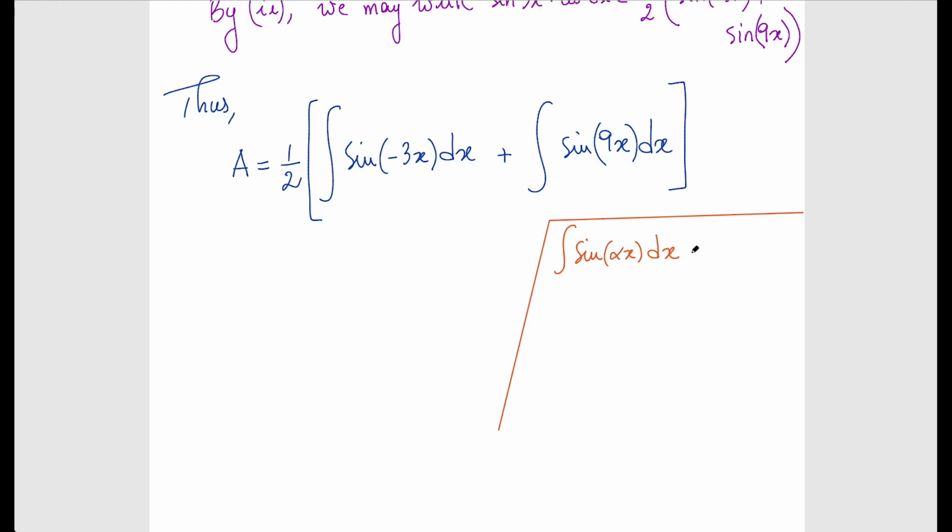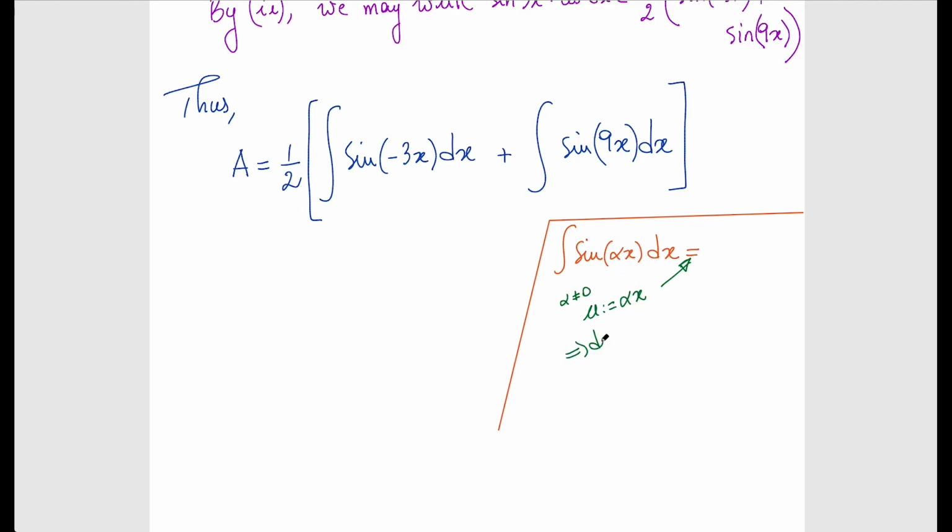Obviously we're gonna use u substitution. So we're gonna call u to be alpha x. Let's suppose alpha is not 0 along this discussion. So u is equal to alpha x.